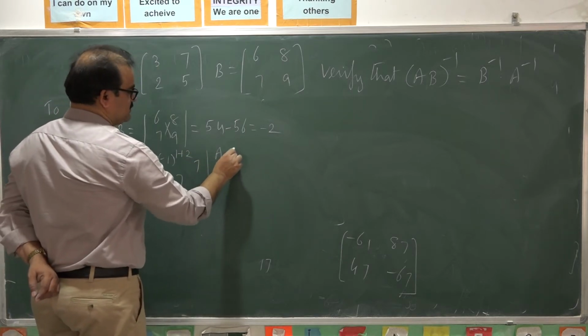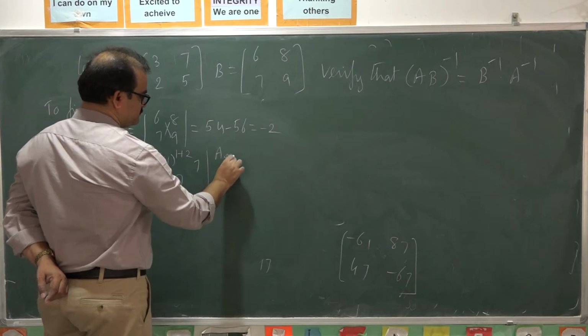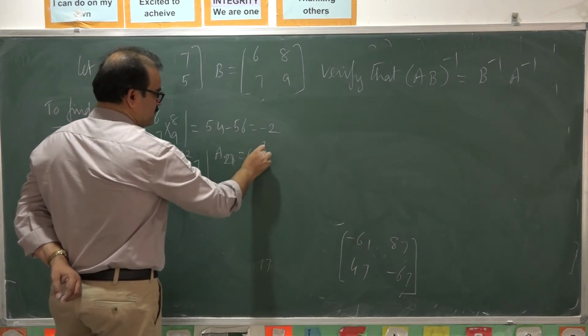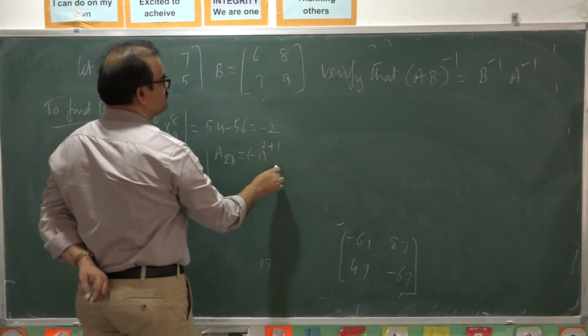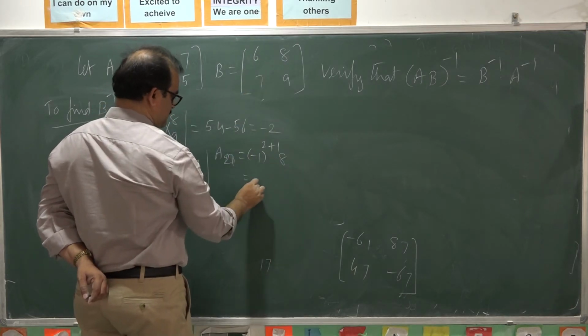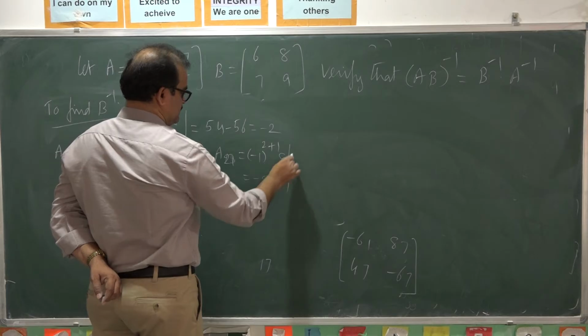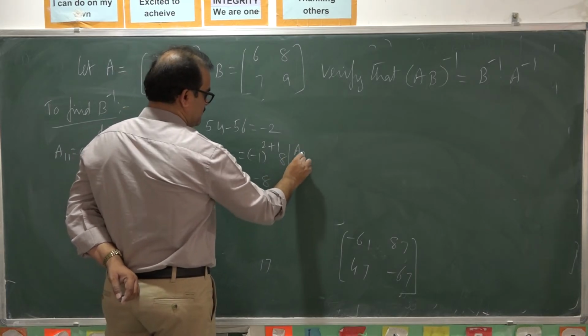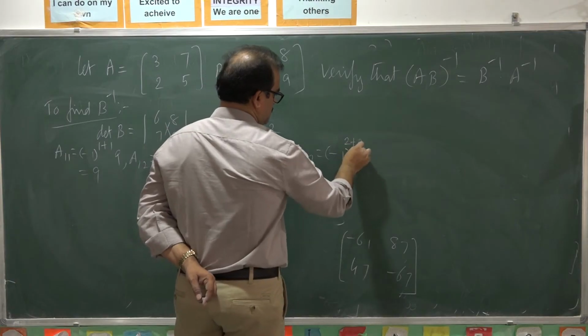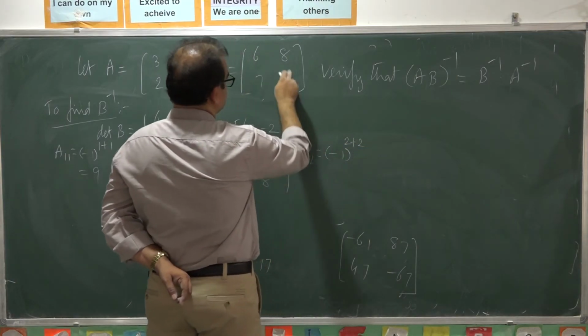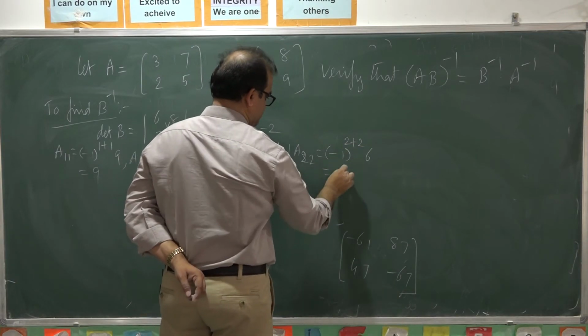Next A21, minus 1 to the power of 2 plus 1 into, you delete second row and first column. 8, minus 8. A22, you delete second row and second column. 6.